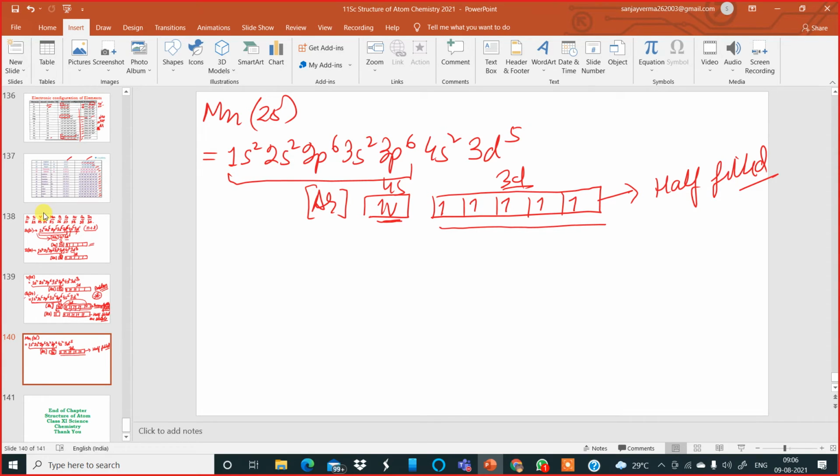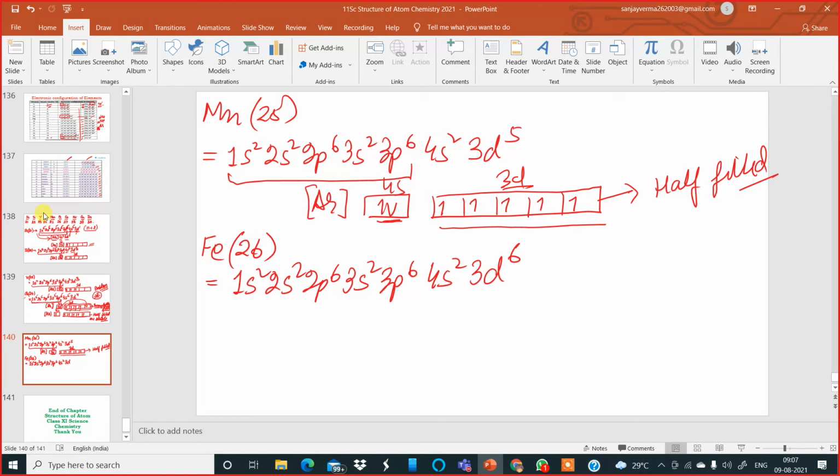Okay. Now after manganese comes what? Scandium, titanium, vanadium, chromium, manganese. After manganese comes iron. The atomic number of iron is 26. So let us write down the electronic configuration of iron also. It becomes 1s2, 2s2, 2p6, 3s2, 3p6, 4s2, and then 3d6.